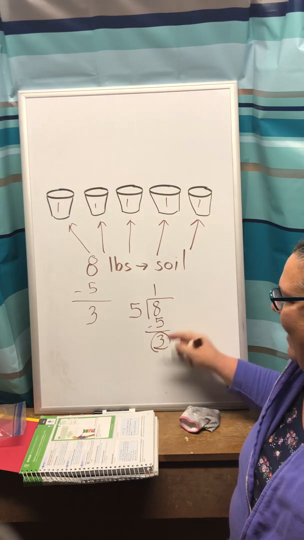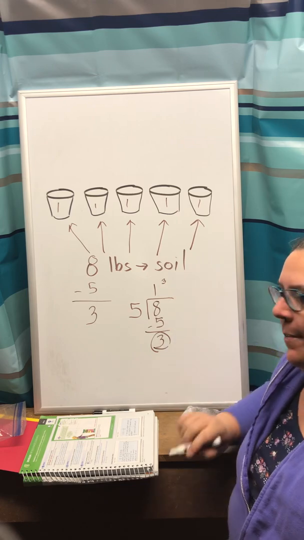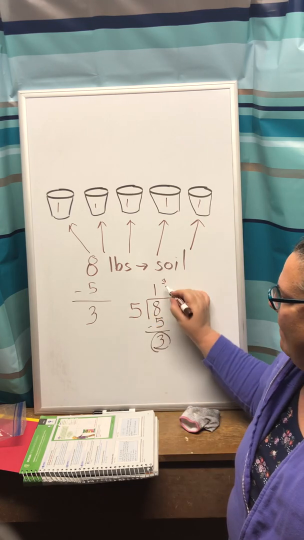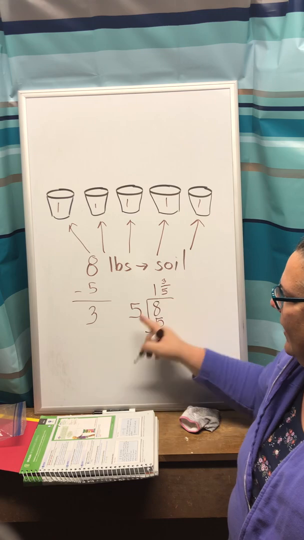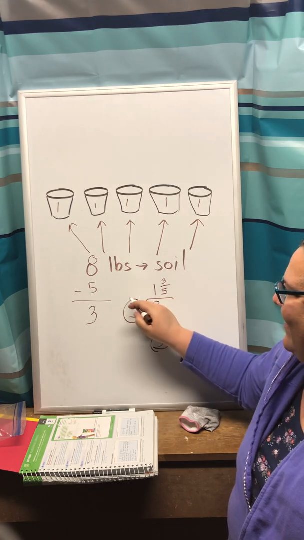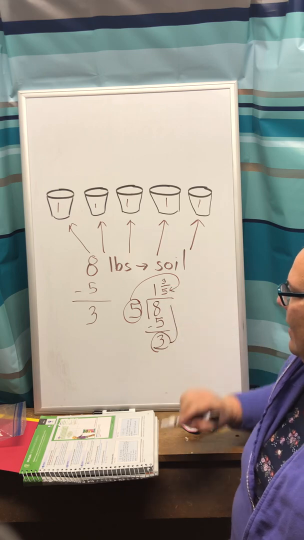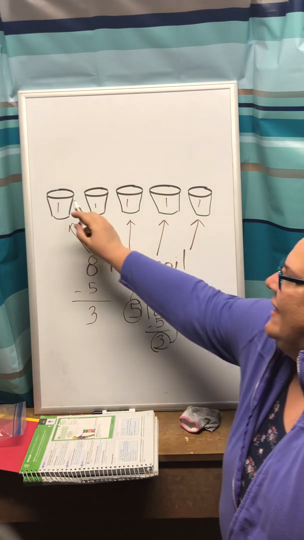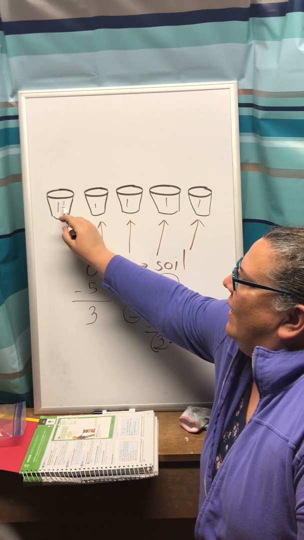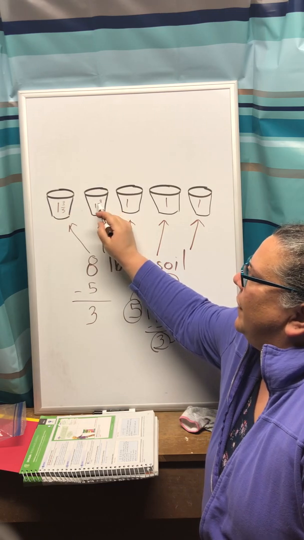I'm going to take my remainder 3 and put it up top as my numerator, and my 5 is going to be my denominator. So my divisor becomes my denominator, my remainder becomes my numerator. So that means that each of these gets 3/5.